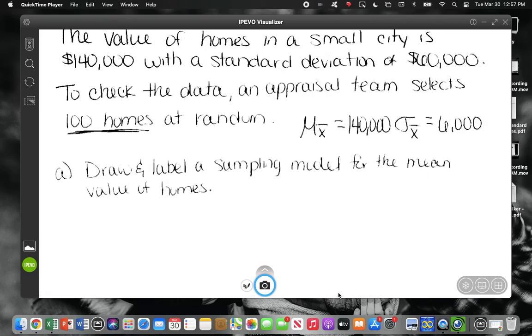You guys agree with my mean and standard deviation for my sample?